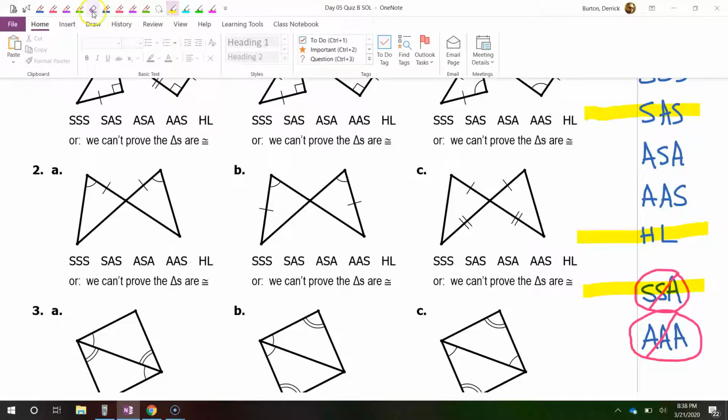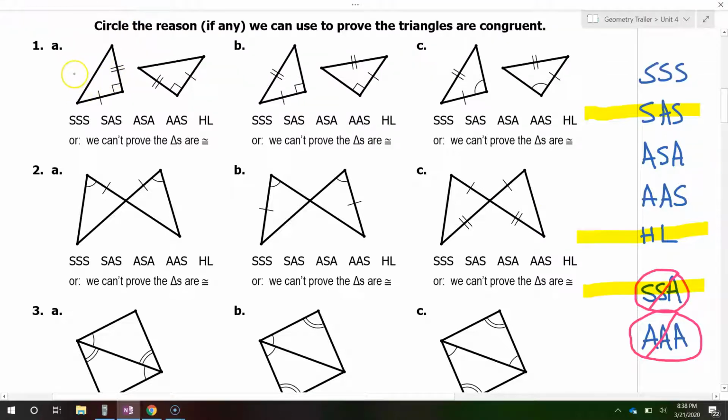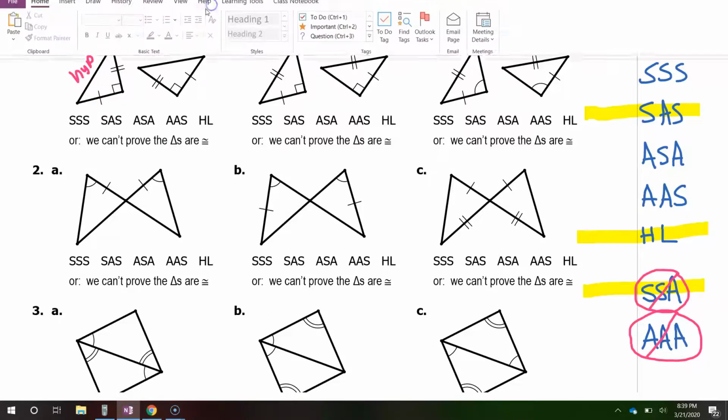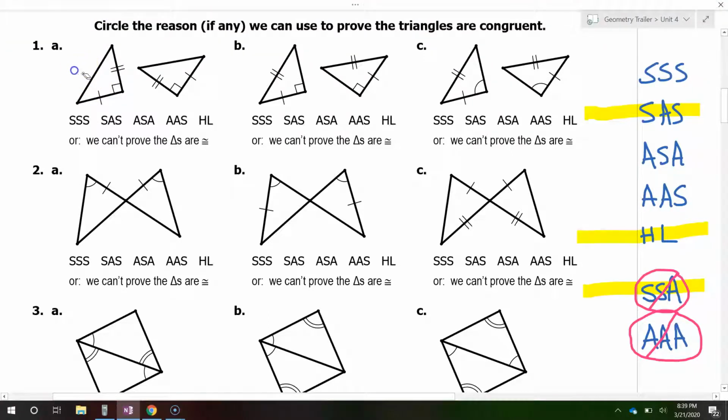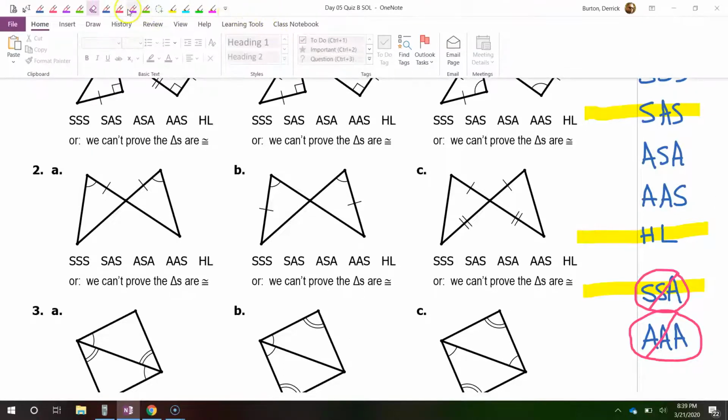Now, is the hypotenuse one of the congruent sides? The hypotenuse, for example, is right here. This is a hypotenuse. It is across from the 90-degree angle. Notice that the hypotenuse is not marked in any way. So that tells us that this will not be hypotenuse leg.